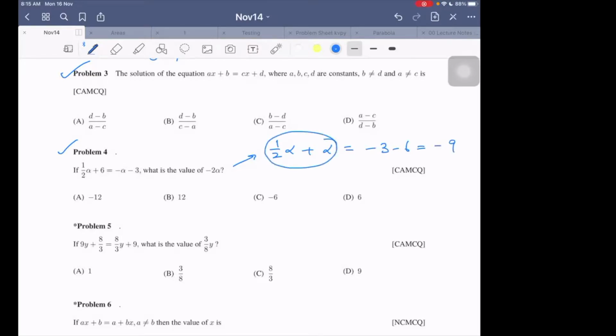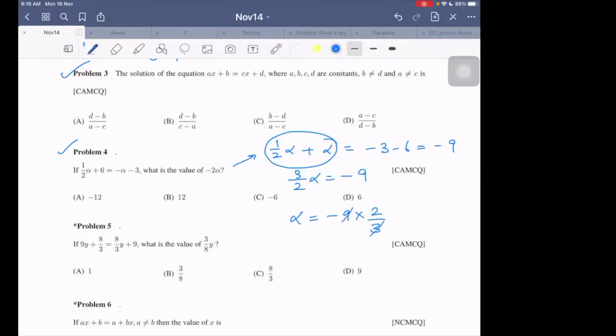And what is half alpha plus alpha? You can write it as either 1.5 or 3 by 2. So this is 3 by 2 alpha equal to minus 9. So our alpha will be minus 9 into 2 by 3.